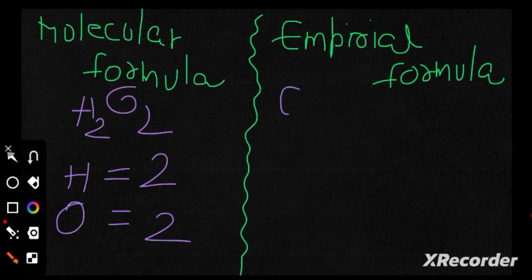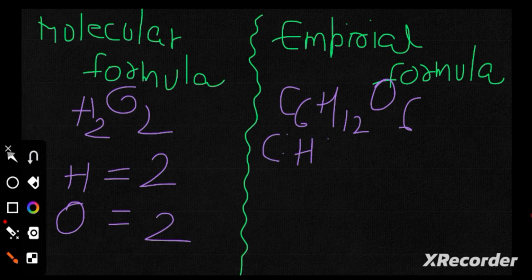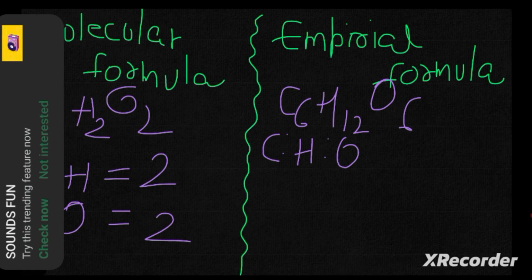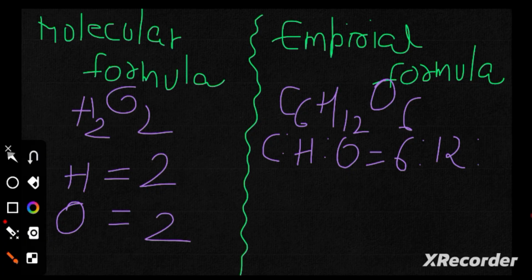Let's say I have glucose and I want to make a ratio of carbon, hydrogen and oxygen. So it's going to be 6 is to 12 is to 6. And when I divide it further, it's going to be 1 is to 2 is to 1.